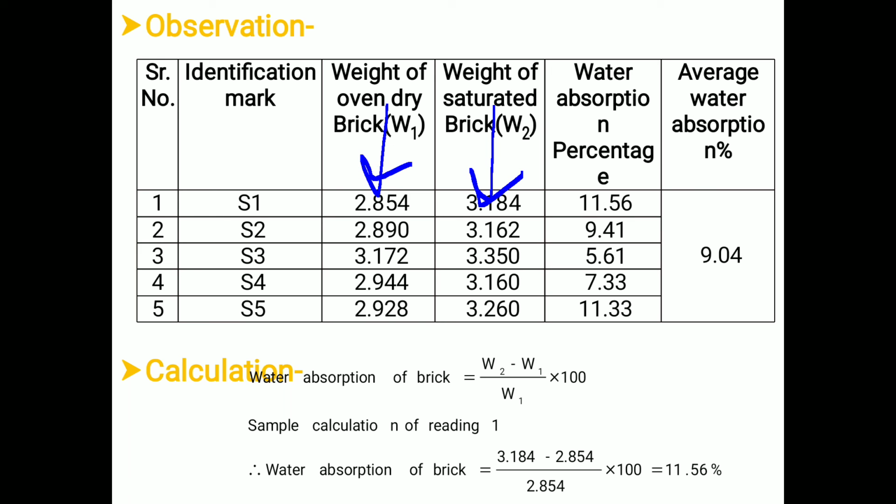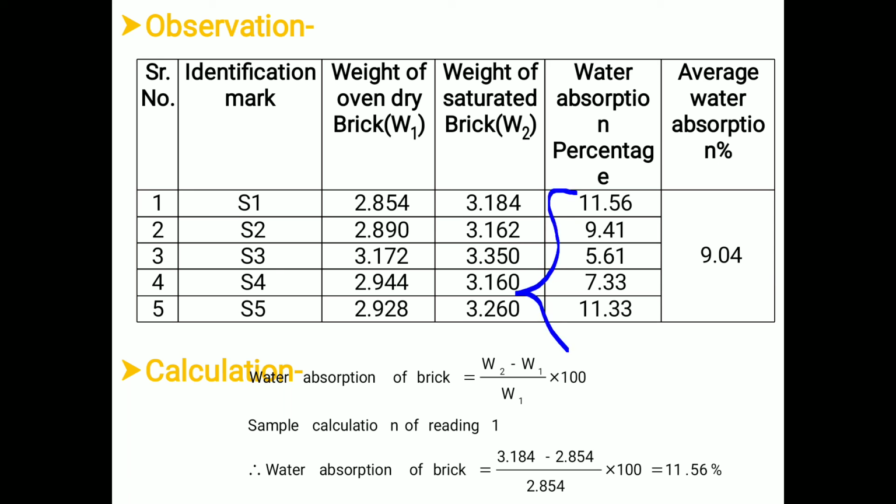So for each and every brick we have calculated the water absorption, and the average of all those bricks is 9.04%. So the 5 bricks on average will absorb moisture of 9.04%.